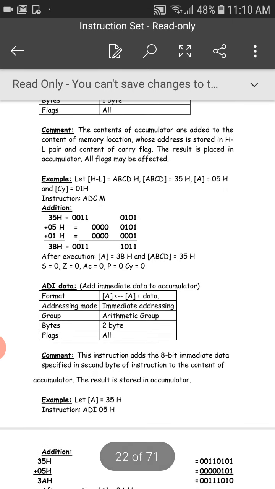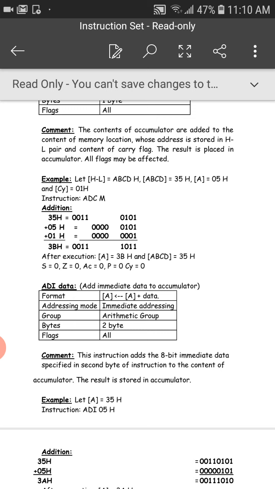Let's see the example, that is HL, ABCD, is equal to 35, that is this HL pair contains 35, A contains 05 and carry is 01.